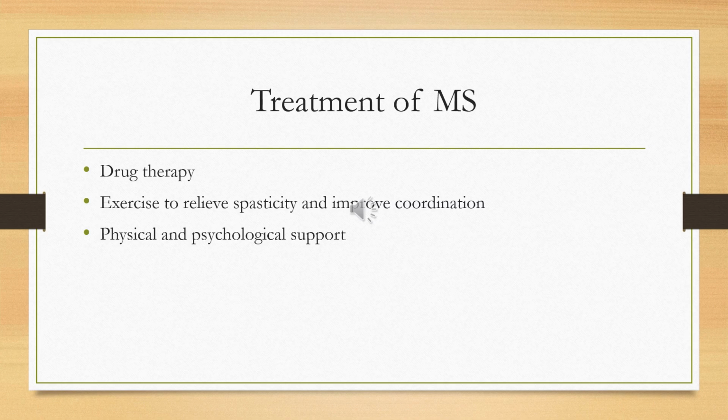Things that can help boost their morale, encourage emotional stability, help them to develop a daily routine that can help to maintain their optimal level of functioning. And they'll have some type of drug therapy as well, so you want to also watch for any adverse effects of any drugs that they may be on.